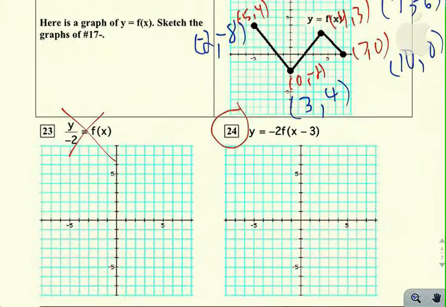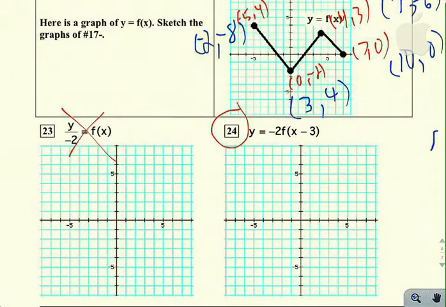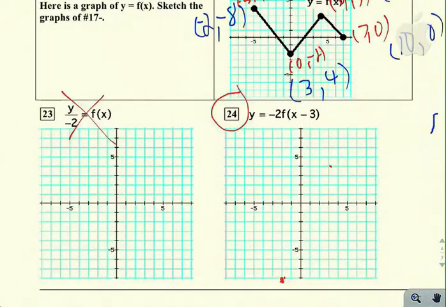Now we're ready. -2, -8. And 3, 4. And 7, -6. Yes, 7, -6. And then 10, 0.